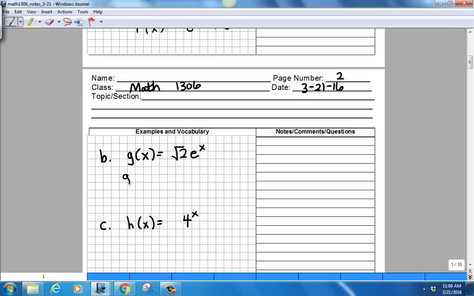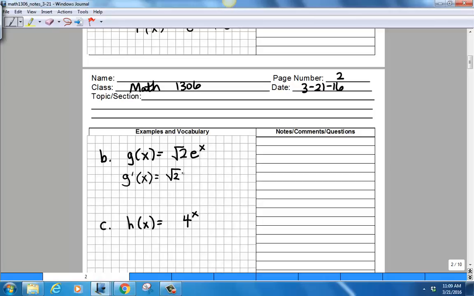What about this function? Here we have square root of 2 again, but times e to the x. Not e to the x plus square root of 2, but square root of 2 times e to the x. This is the multiple rule. To find the rate of change, you just keep the square root of 2.